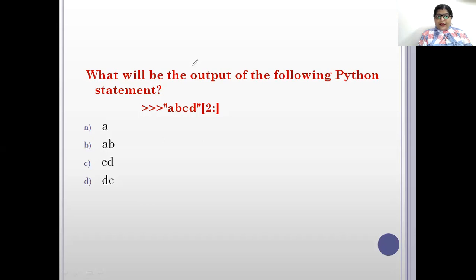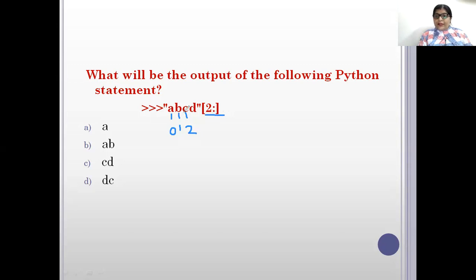So what is the indexing here? Let me write it here. A will be at index 0, the next at 1, and the next at 2.